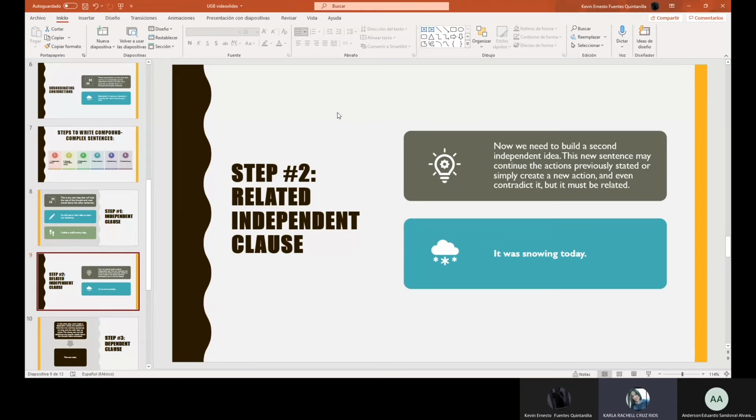So this one is another independent clause that must follow our first independent clause. And this one can create a new action or can contradict our last sentence. And we have an example: It was snowing today.